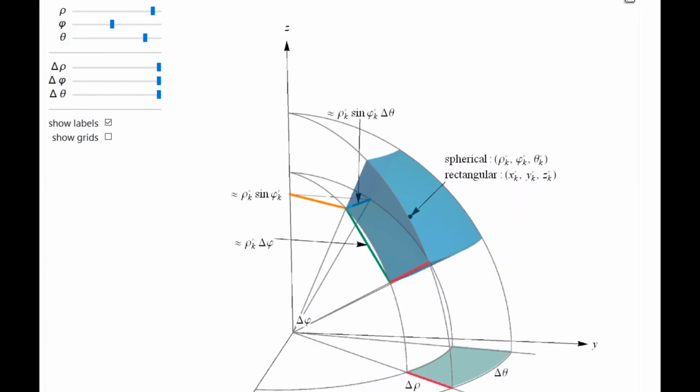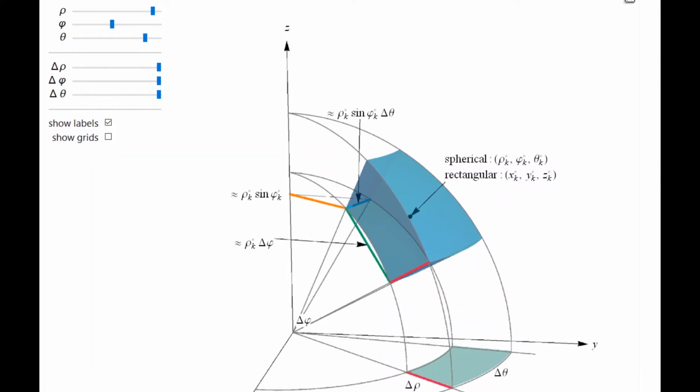And what you see here is a nice visualization of the spherical wedges that we use for doing triple integrals in spherical coordinates. It's clearer why that rho sine phi shows up as we move around a latitude.